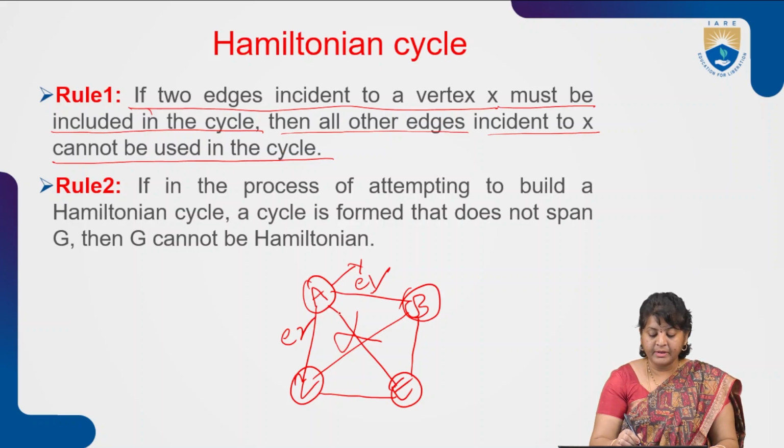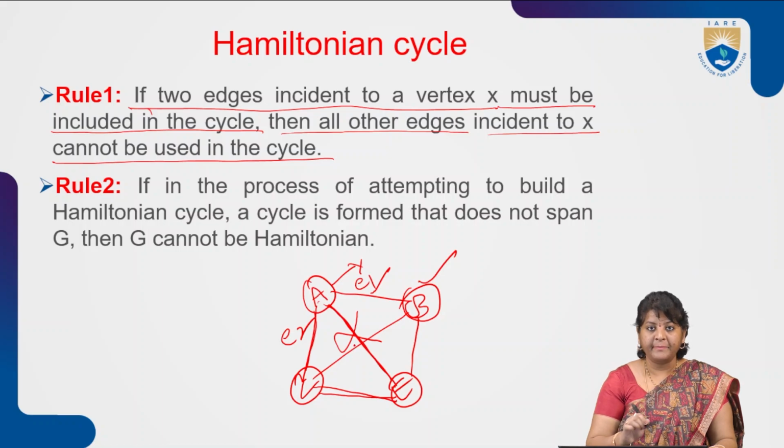For example, if I connect A to E, then from A to C, C to E, E to A, there is a cycle which is not including this vertex B. So this should not happen. That is rule 1. And rule 2.